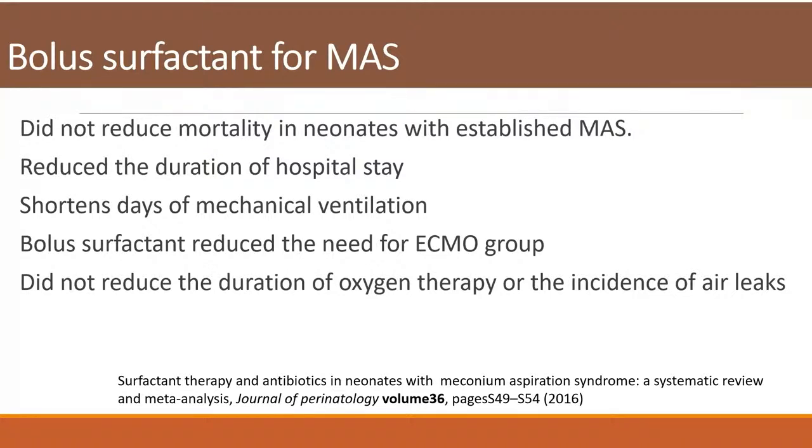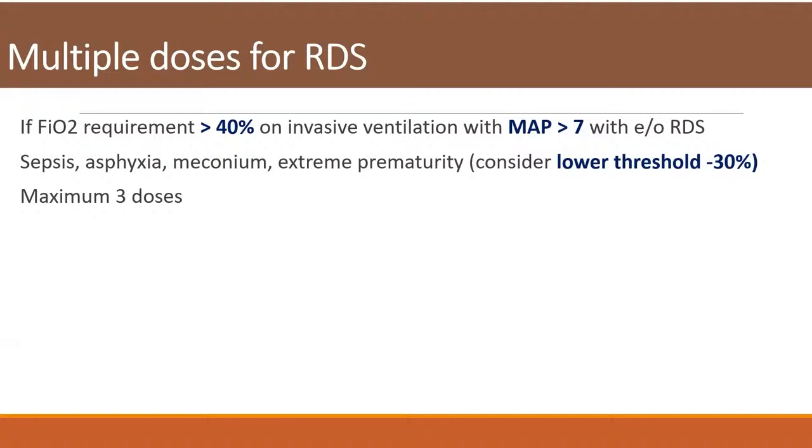Clinical studies, although they did not show reduction in mortality in neonates with established MAS, did translate into some improvement in oxygenation, resulting in a reduced need for ECMO. Bolus surfactant reduced the need for extracorporeal membrane oxygenation, shortened days of ventilation, and reduced the duration of hospital stay.